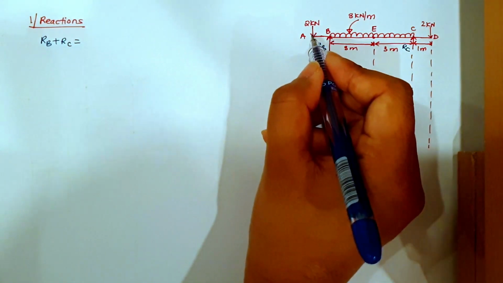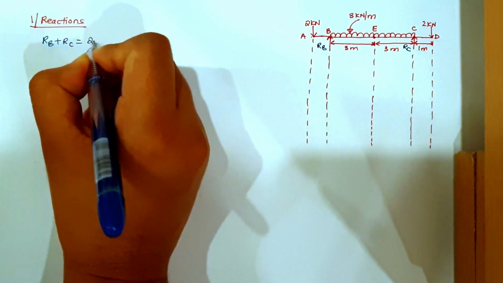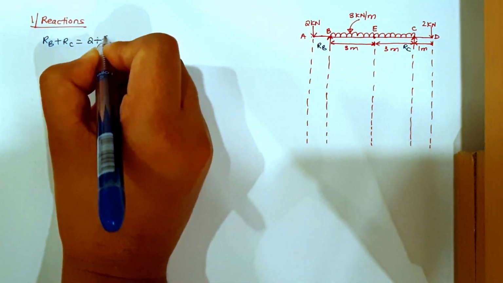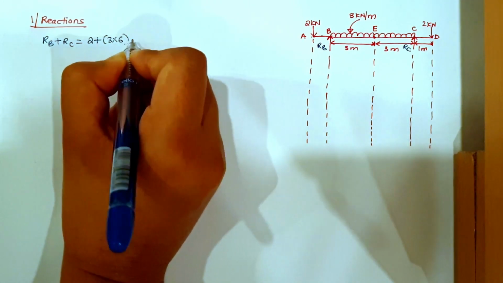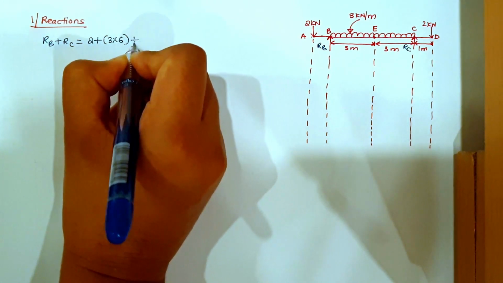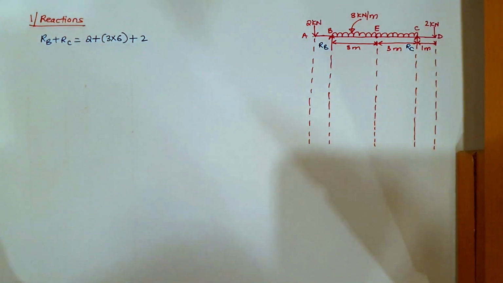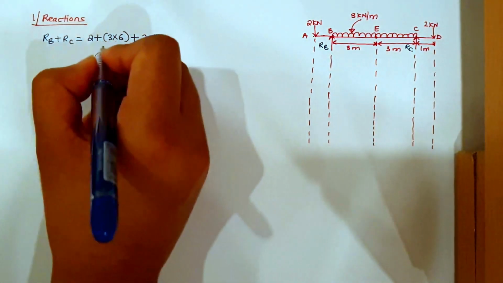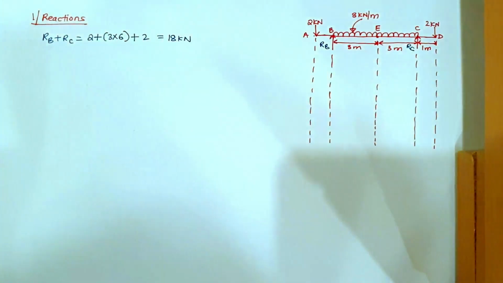The first load that I have is at point A, which is point load 2 kN, plus UDL 3 into 6, plus point load 2 kN. If we add up all of this, we will be getting equal to 18 kN.